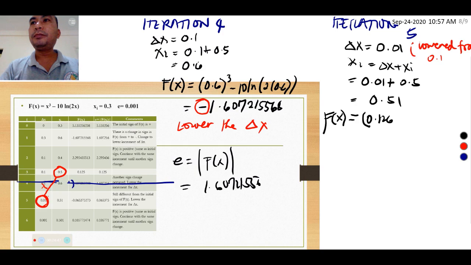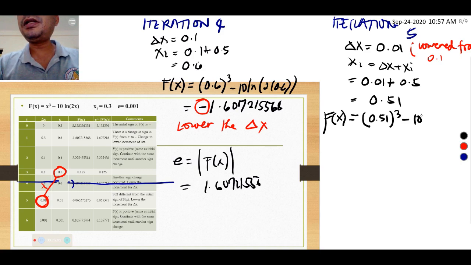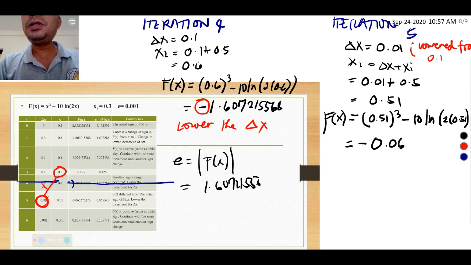So here we substitute 0.51 cube minus 10 ln of 2 times 0.51. So that will give us again negative 0.065375273.